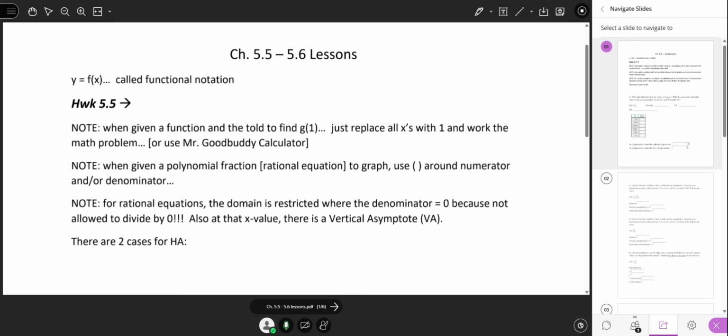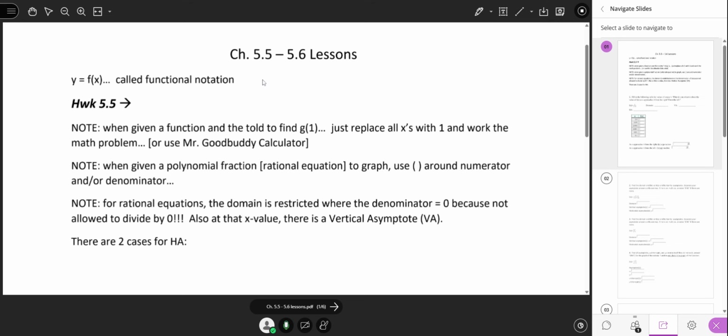Just as a reminder, I've been showing you this basically since chapter 2. When it says y equals, that's equation notation. That's the same thing as f of x equals. So f of x is called functional notation. Why?